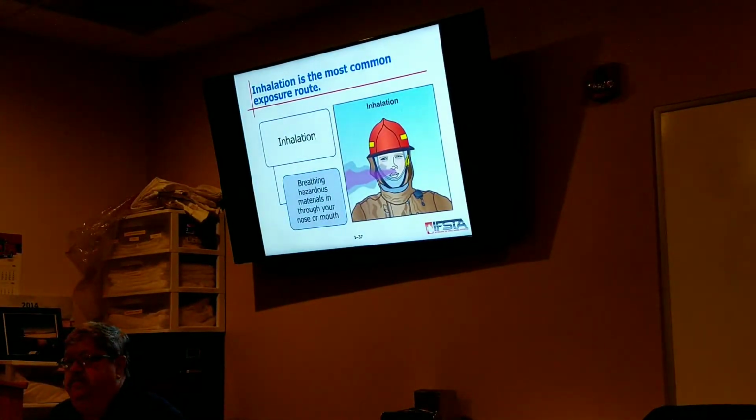Okay, but we don't want to breathe this stuff in. Okay, so that's why we have SCBAs. Some of the stuff we breathe in, vapors, smoke, gases, liquid aerosols, fumes, even suspended dust we can breathe in. Okay, and then that can have a hazard on us.